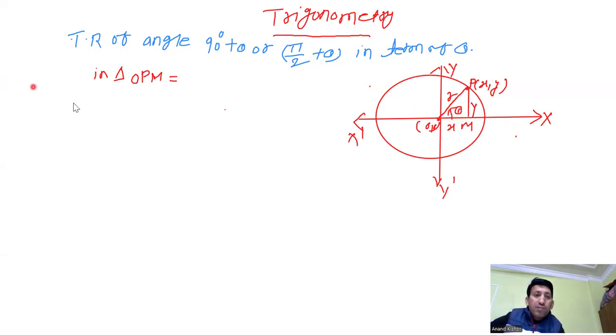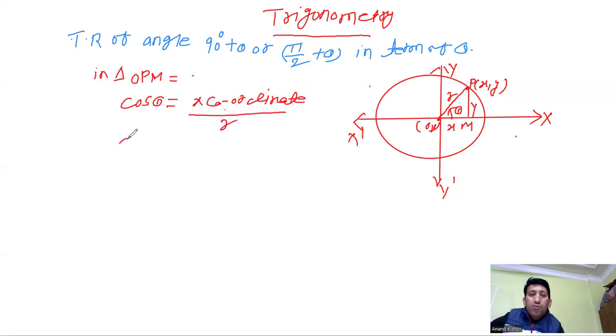Okay, so see, in triangle OPM, first we will see cos theta. So cos theta is what? Always cos theta is the x coordinate on the radius. So what is the x coordinate? The position of the point is P x comma y. So this is x and this is y.